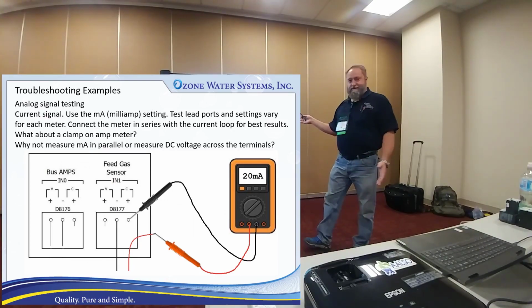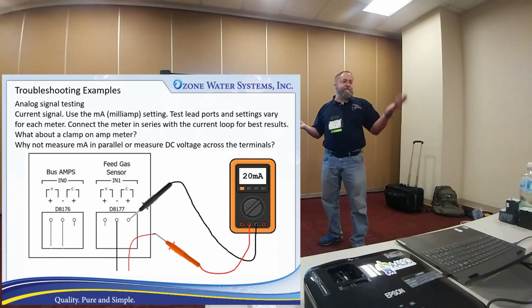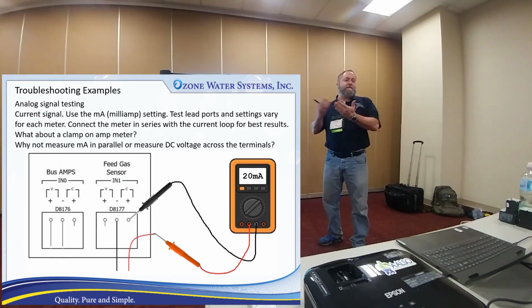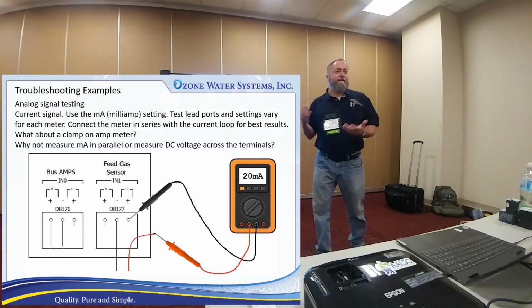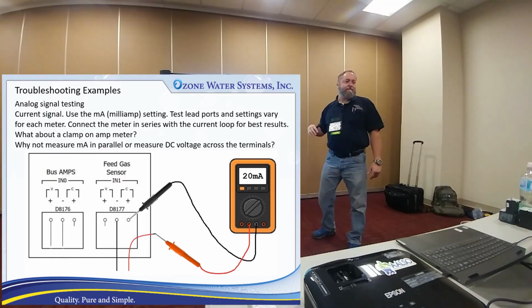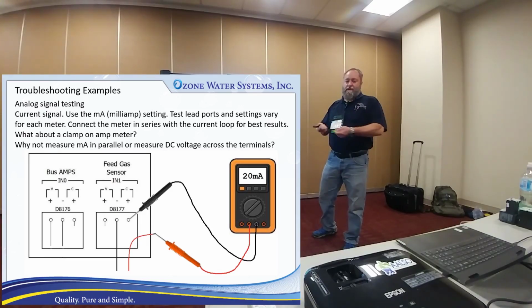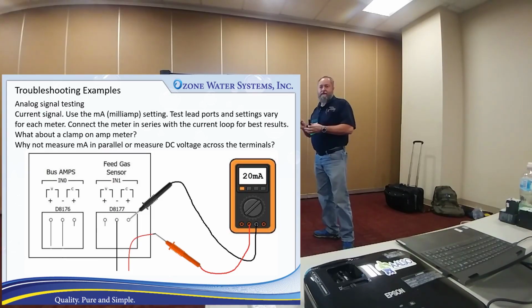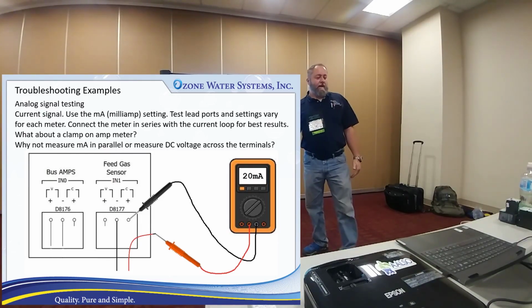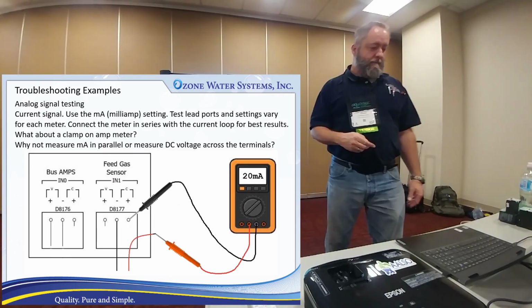So if you're looking for a specific number, like I think I should have 12.5 milliamps, and you measured the voltage across that, it's going to be really difficult to extrapolate exactly what that translates to, unless you know exactly what your loop impedance is. So again, if you just need to know if there's some sort of signal there, you can probably get some information from that, and it's quick and easy. You don't have to pull any wires off, but it's just not consistent and reliable enough, so it's difficult to get an accurate reading.